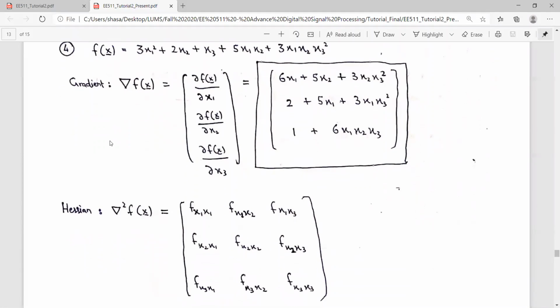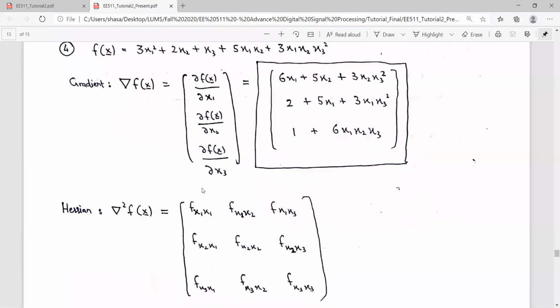For the Hessian, this is the expression where I write f with the subscript x2, x1. So this is the partial derivative of f of x with respect to x2 and x1. This is a slightly neater notation. And in things like this, we need to save time. What we know is that the Hessian is a symmetric matrix.